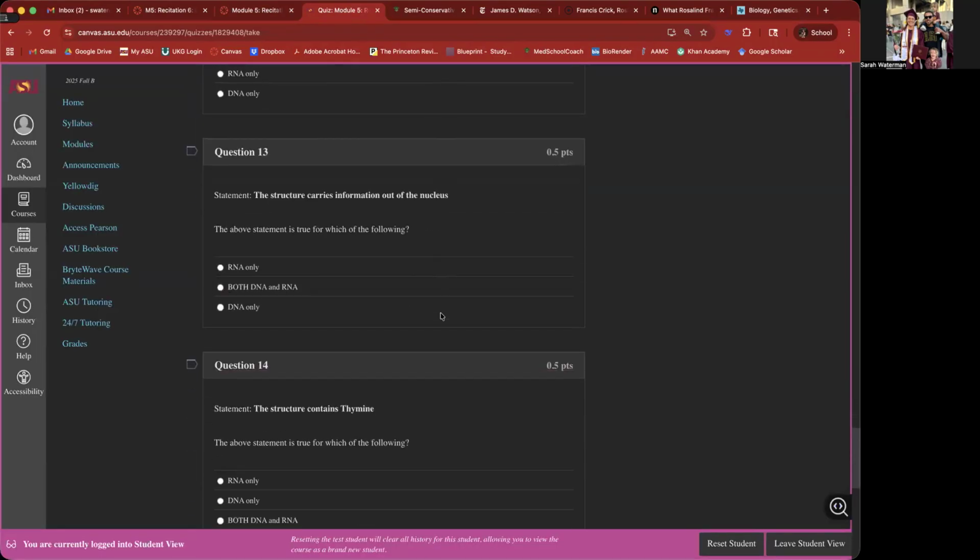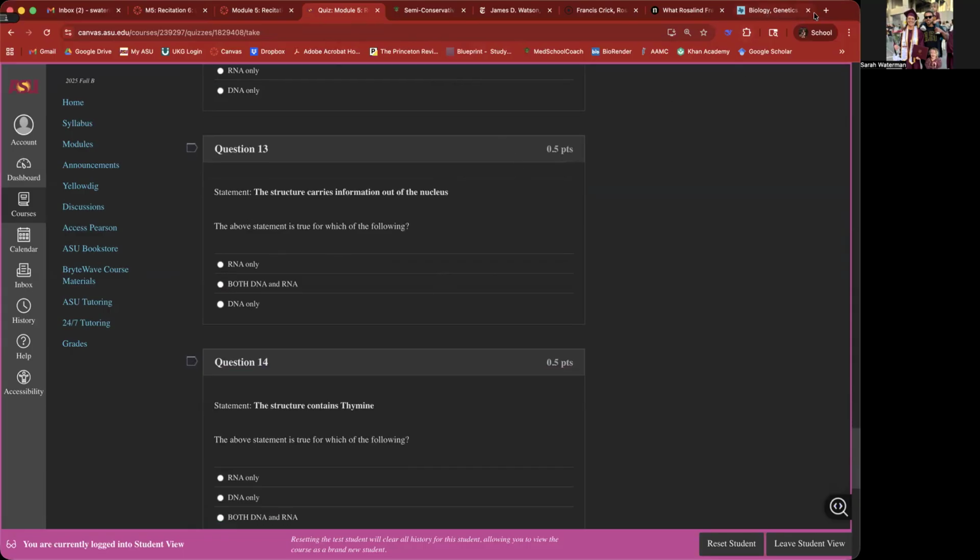The structure carries information out of the nucleus. We know that RNA comes out of the nucleus in order to be translated into a protein.